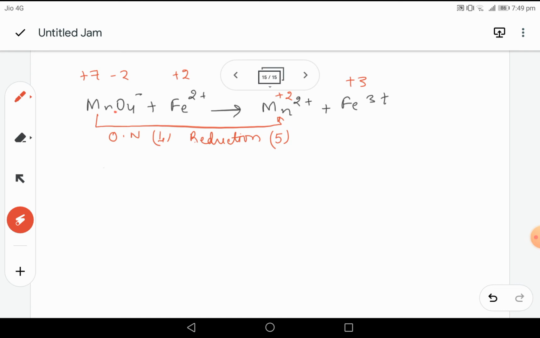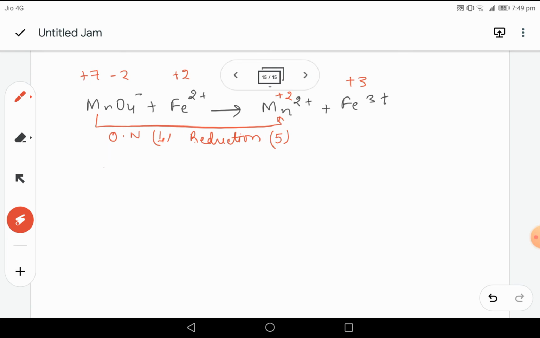Suppose it was Mn2, then we were supposed to multiply it by 2. If it was 3, we multiply by 3, 4 multiply by 4, and so on. So we need to pay attention to the reactant side, to how many atoms are given. If it is 1, like right now, we will just write the decrease, how much the decrease is. So 5 is okay over here.